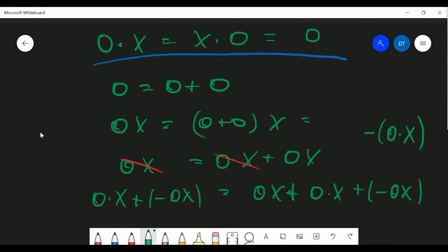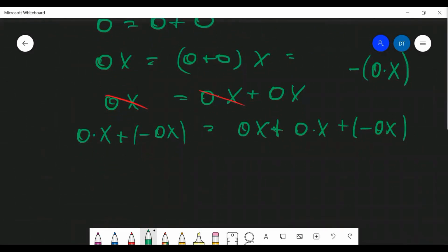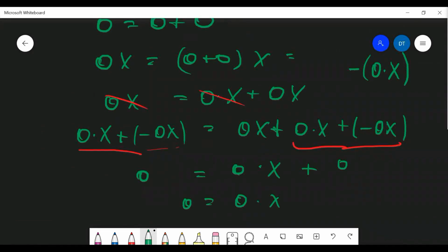And by the axioms for the inverse element, this thing is equal to 0. And by the axioms for the inverse element, this thing is equal to 0. So you'll have 0 is equal to 0 times x plus 0. And again, since 0 doesn't change anything with respect to addition, you will get 0 equals 0 times x. Is it enough? Igor? Yes, that's enough.